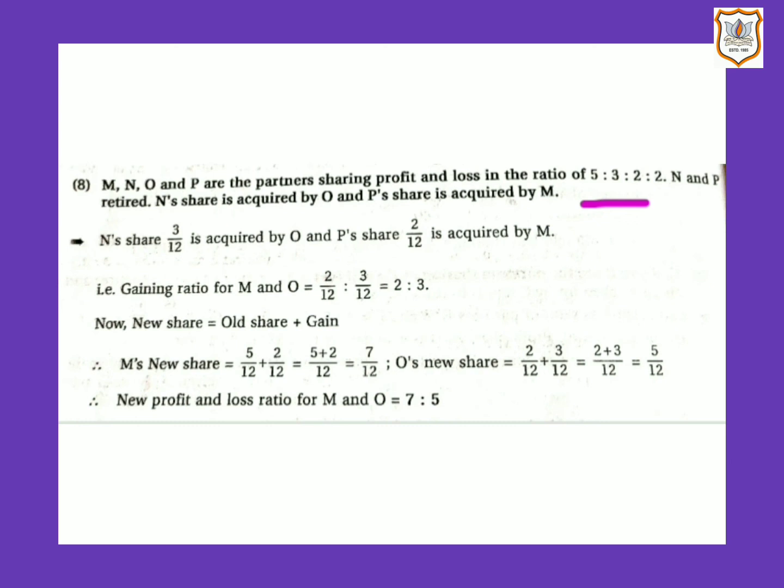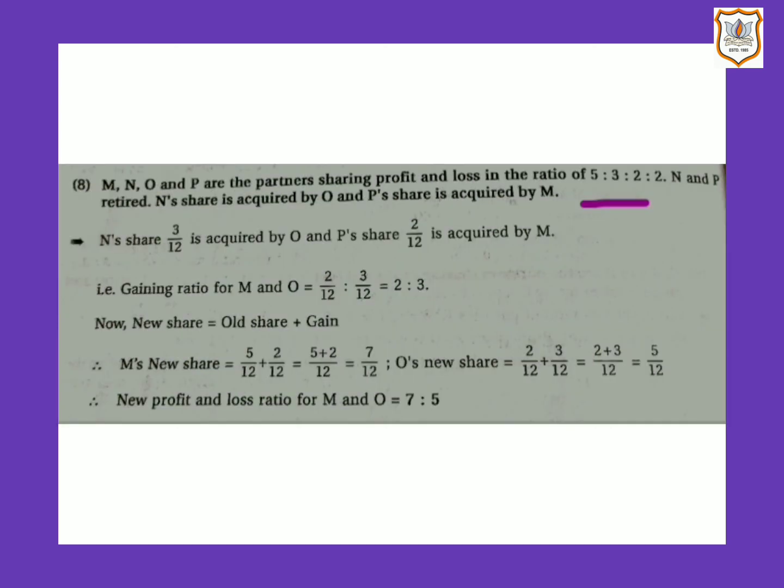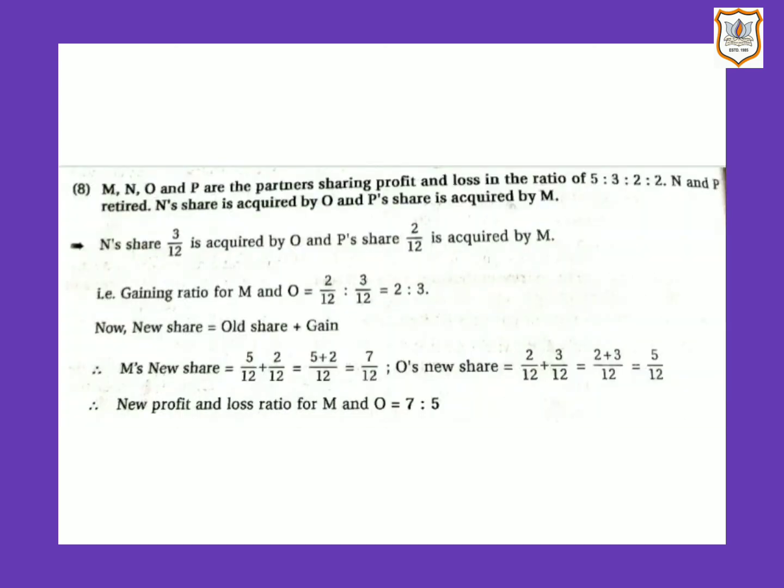And N's share is acquired by O and P's share is acquired by M. That means gaining ratio for M and O is equal to 2:3. Now, we can apply the formula of new share in order to find out M's new share and O's new share. We know the formula that new share is equal to old share plus gain.